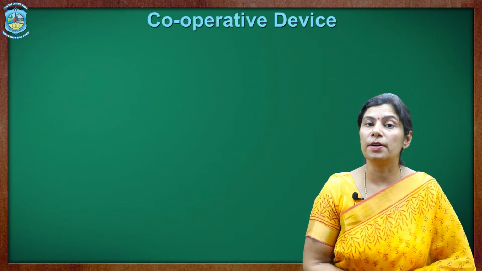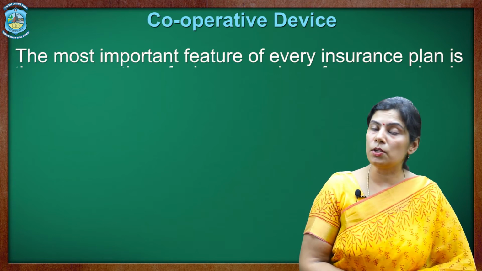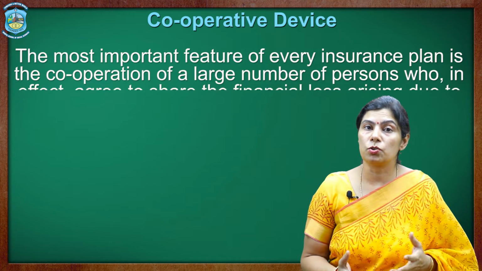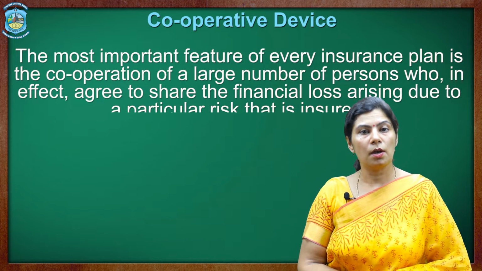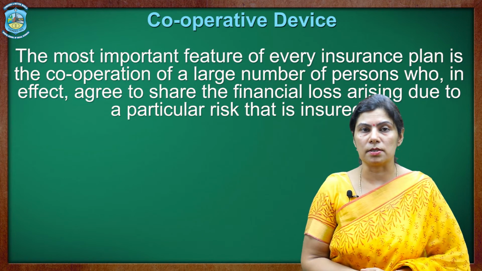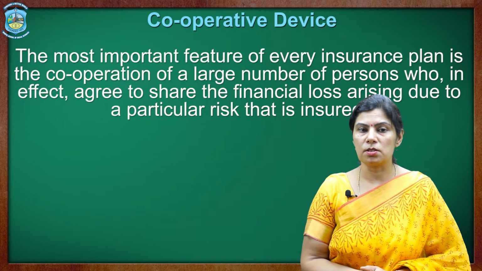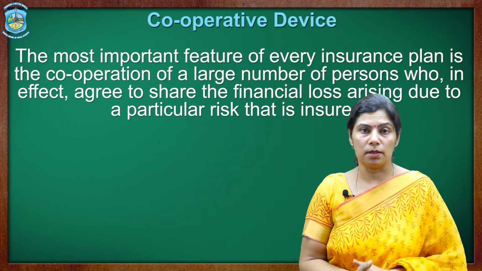Third important characteristic of a life insurance or of any kind of insurance is it is a cooperative device. This is the most important feature of every insurance plan. It is only because of the cooperation of a large number of people who agree to share the financial loss arising due to a particular risk that is insured. Such a group of persons may be brought together voluntarily or through publicity.